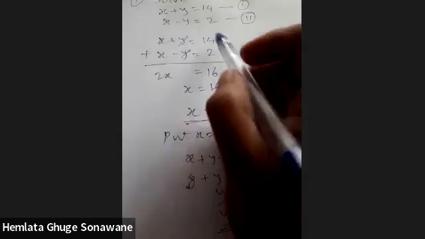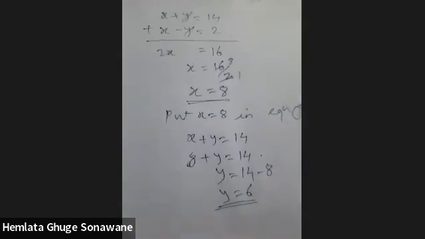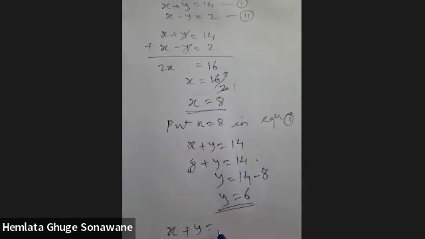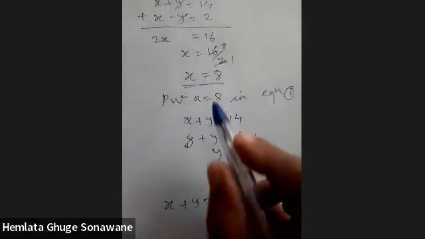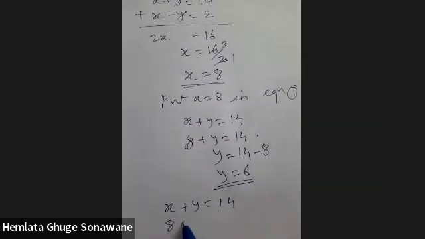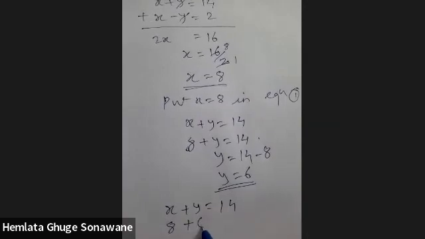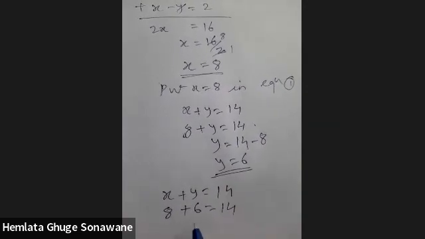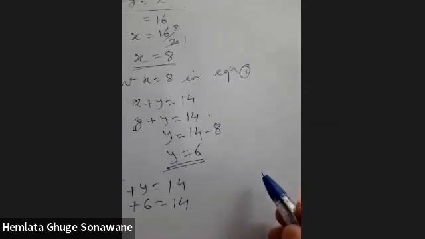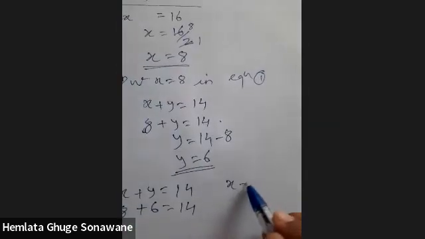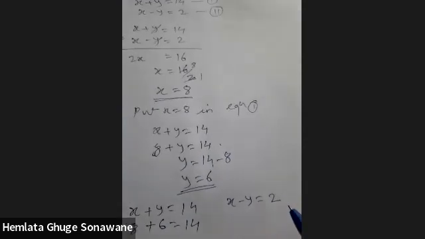Now we'll put these values into the given equations. That is x plus y is equal to 14. The value of x we have got is 8, the value of y is 6. So 8 plus 6 is 14. It means whatever values we have got are correct. We'll check the second equation also. x minus y is equal to 2.